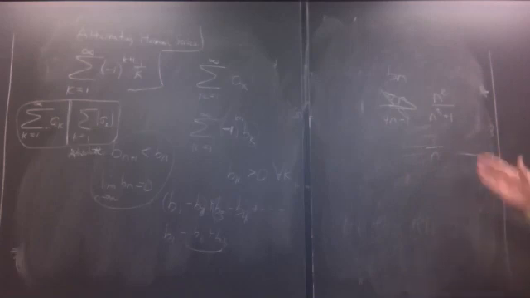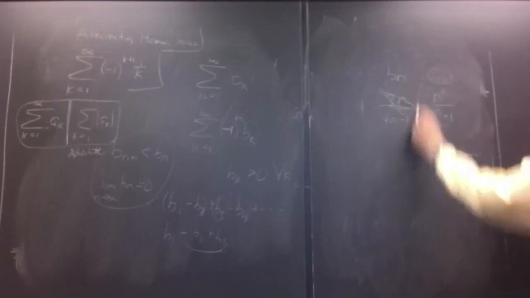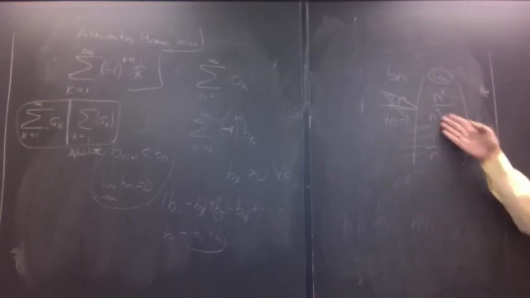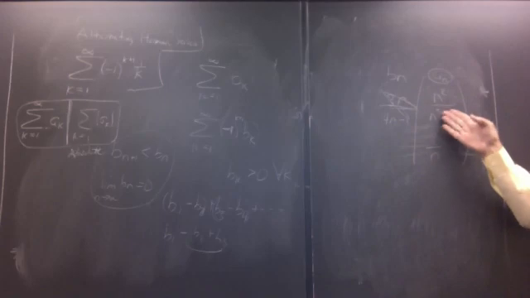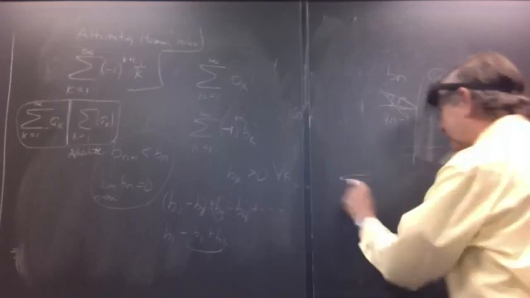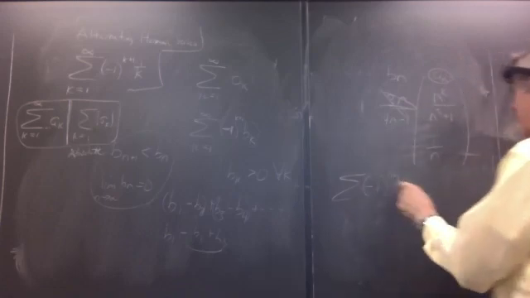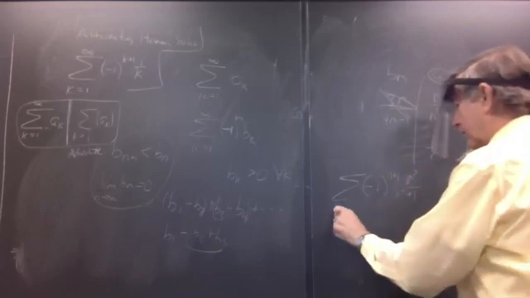Now, if this were earlier in this chapter, and you had this problem, you can do a limit comparison test with these two to show that this series would diverge. But it's not that anymore. Now it's gone to (-1)^(n+1) times n squared over n cubed plus 1. And so it's alternating.